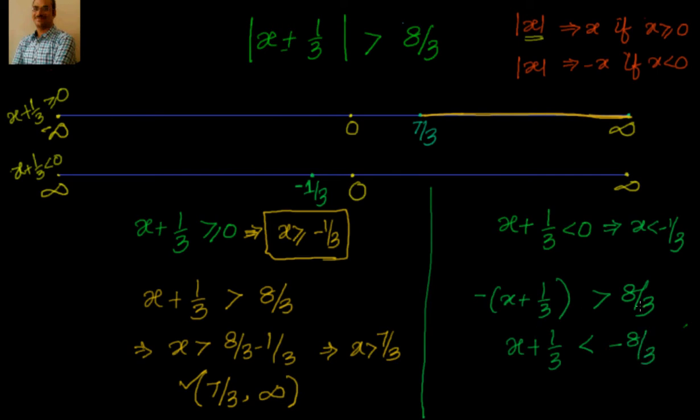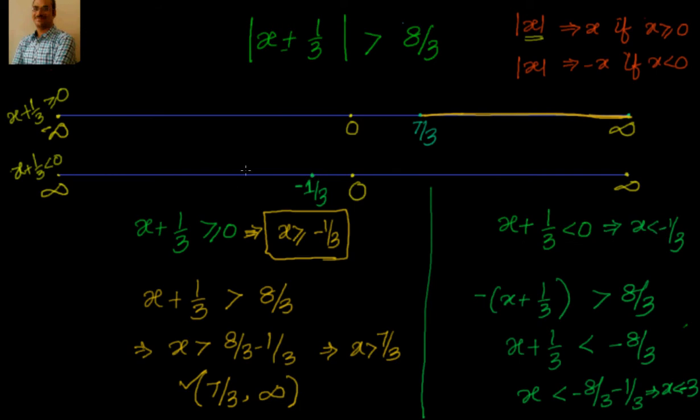Whenever you multiply by minus, the sign will change. This is nothing but x less than minus 8 by 3 minus 1 by 3. That is nothing but x less than minus 3. So x value should be less than minus 3. But what are the values we are looking from?